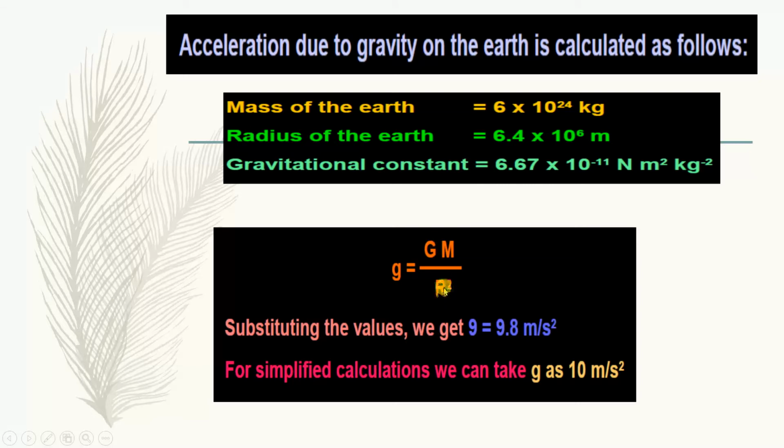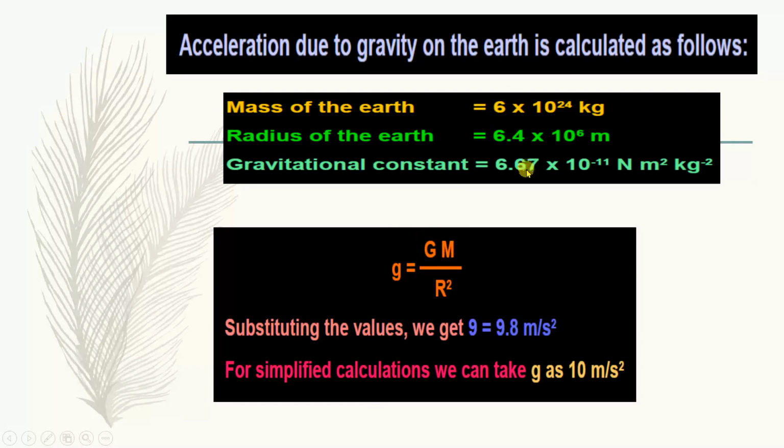In the denominator, the radius is 10 raised to power 6. If we square it, we get 10 raised to power 12. So in the numerator we have 10 raised to power 13 and in the denominator 10 raised to power 12. We can cancel, the bases are the same. This is a division sign, so powers will be subtracted, and we get approximately the answer 10.